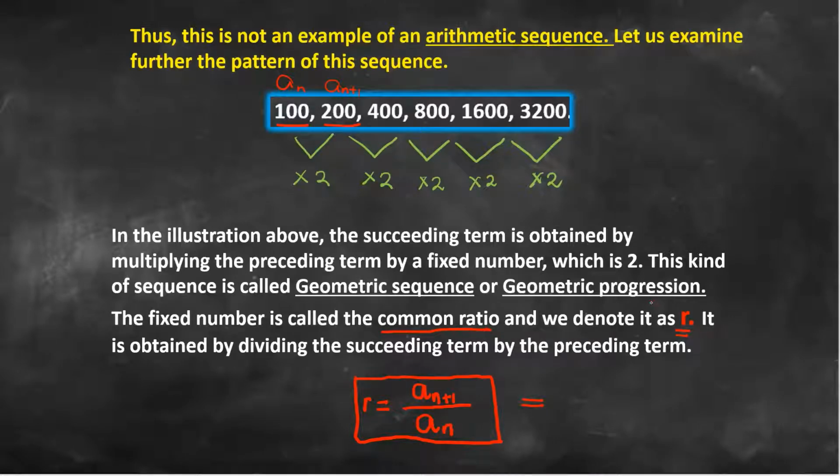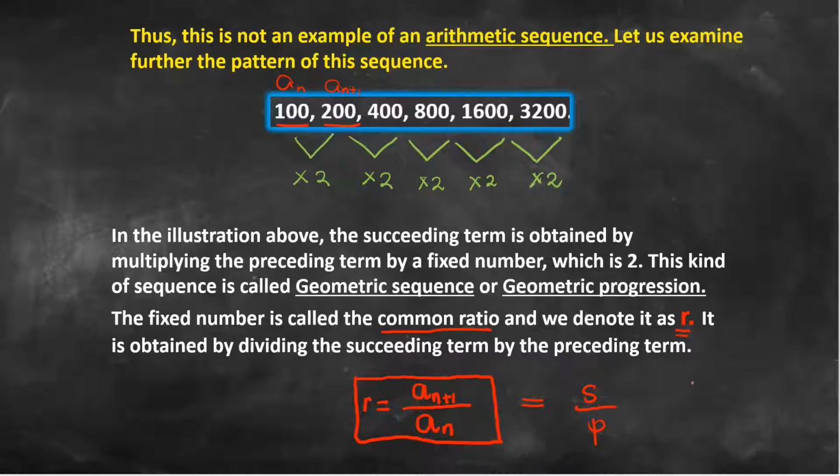Okay? Now, in simple terms, this is s over p, succeeding term over the preceding, or succeeding over the previous term. You can check it by dividing 1,600 by 800 or 3,200 by 1,600.